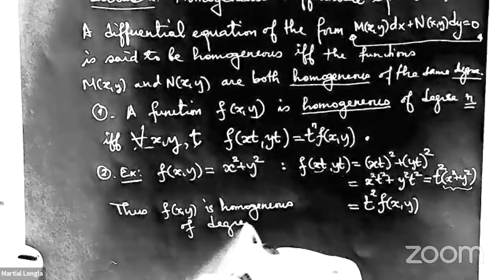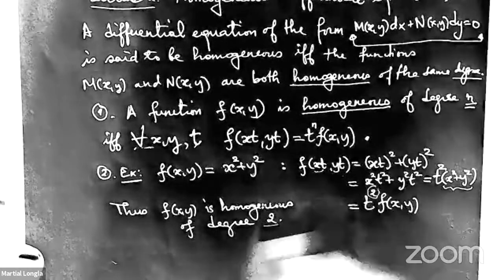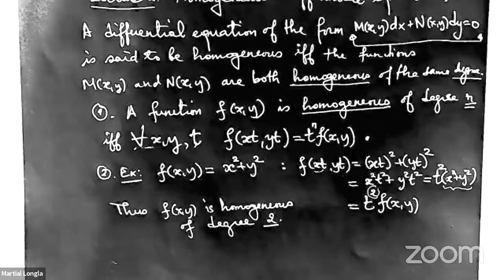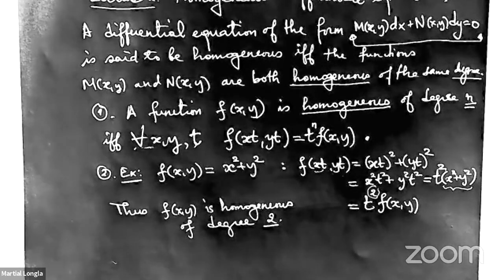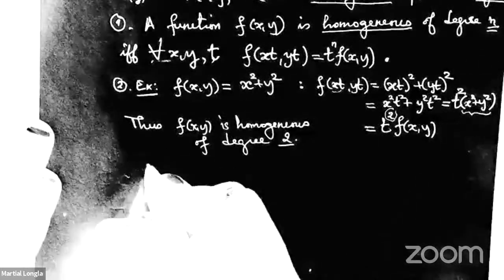The degree is 2 because that is t². Does this make sense? That's example 1. Now let's do example 2.